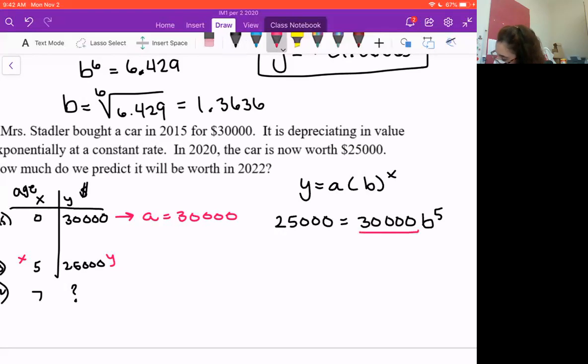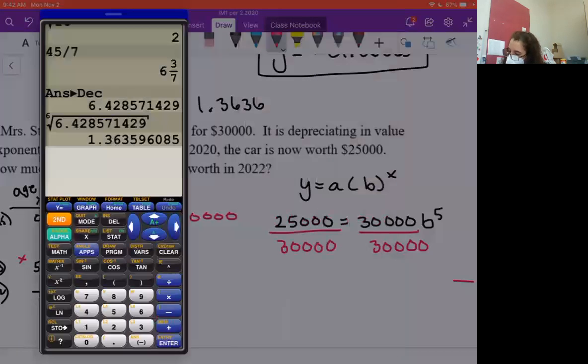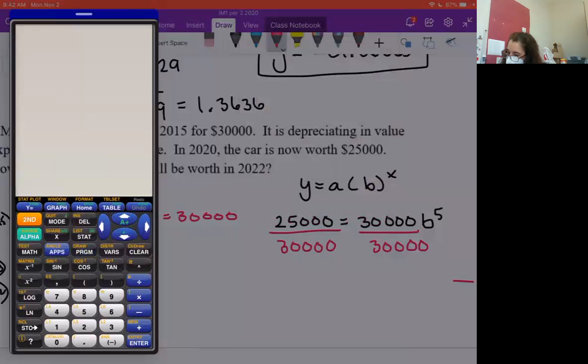So always start off dividing by the number next to your B, or your B to the 5th in this case. So 25,000 divided by 30,000. I'll move this over. So 25,000 divided by 30,000.